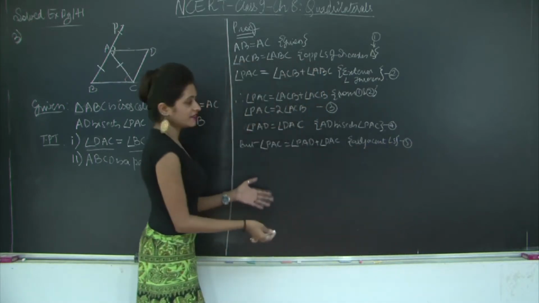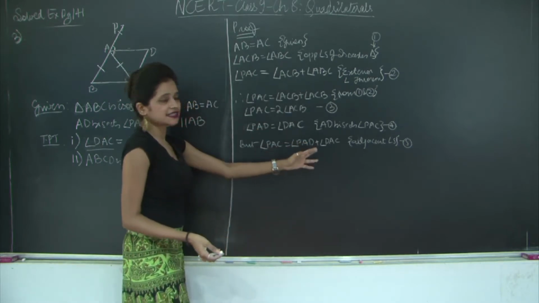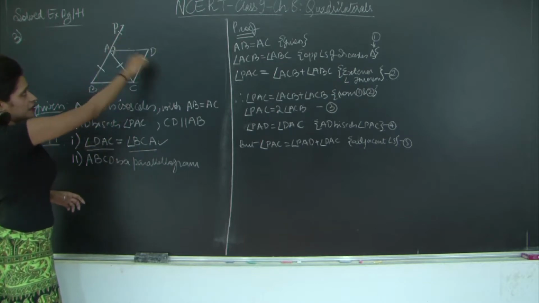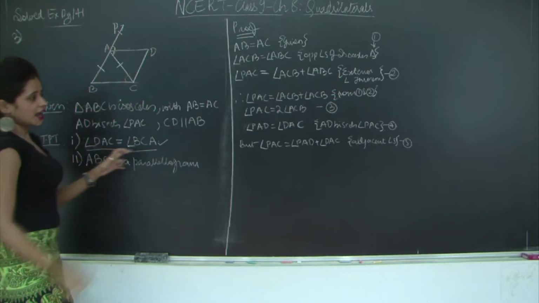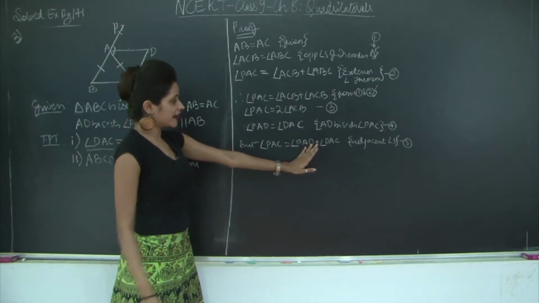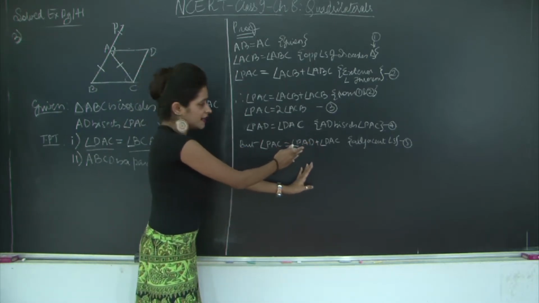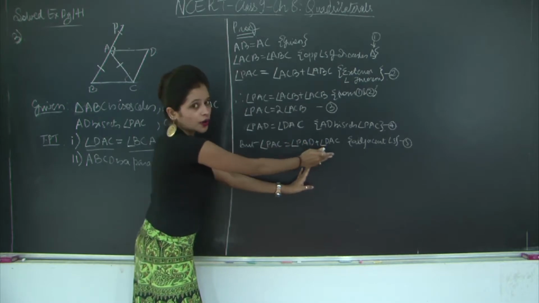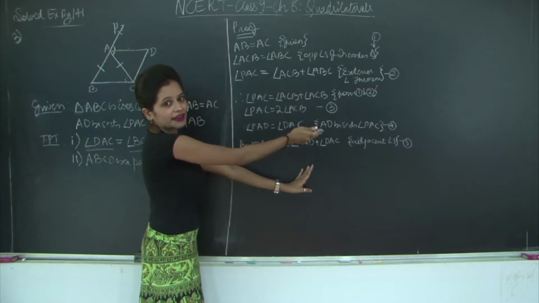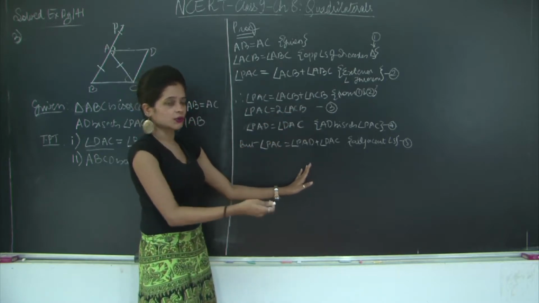So, from 4 and 5, instead of writing PAD, I will write DAC because what we need is DAC. If I write DAC instead of PAD, I will get PAC is equal to twice of DAC, which is something similar to PAC is twice of some angle, and then later on we can equate the two angles, right?